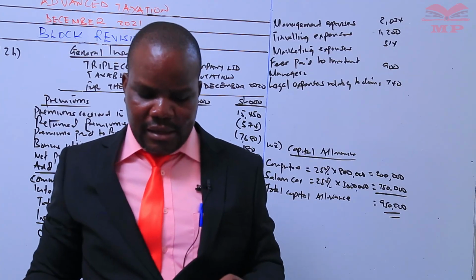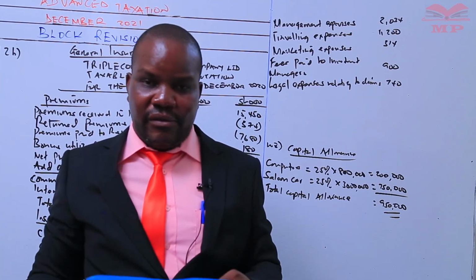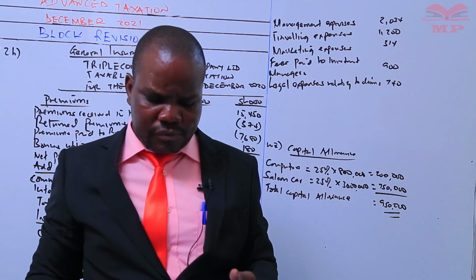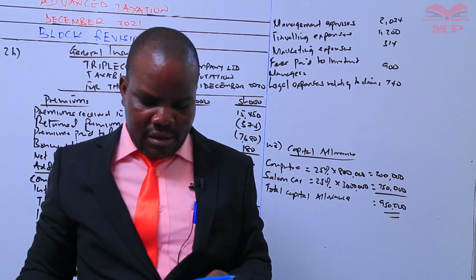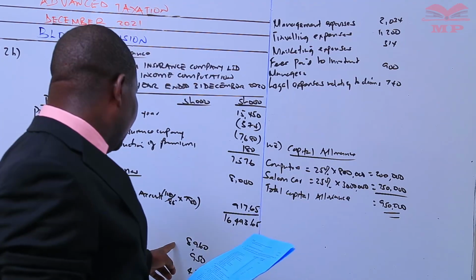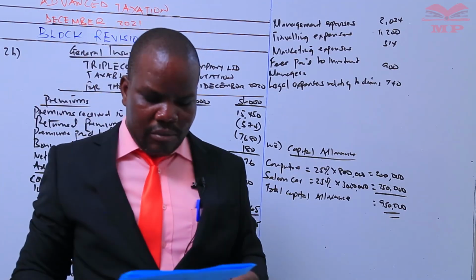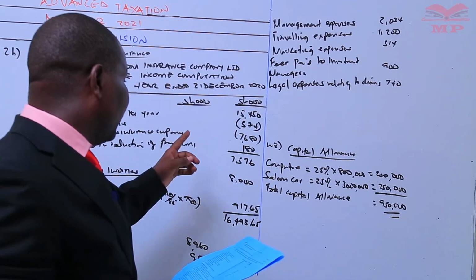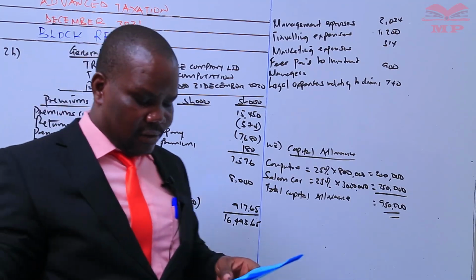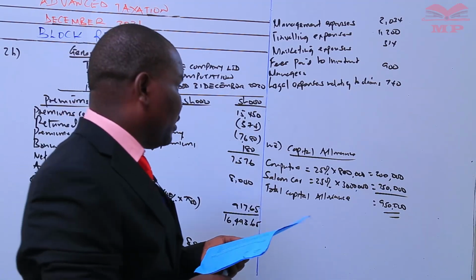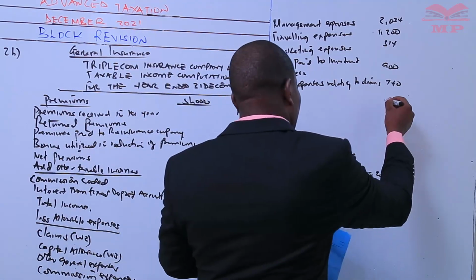So we can say that bad and doubtful debts are assumed to be for general bad debts and therefore disallowable. So that means we leave it out. Claims paid during the year, we have used to work out the claims in working 2. Then bonus utilized to reduce premiums are taxable incomes. We already have that here as 180,000. So it means in that case, this is the last allowable expense under general insurance.